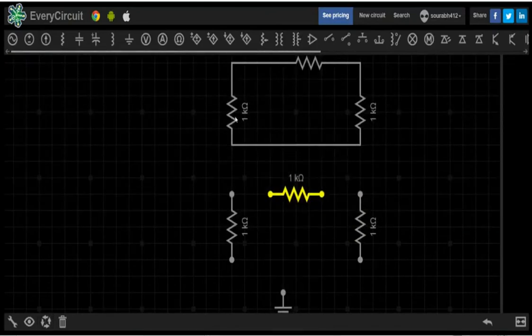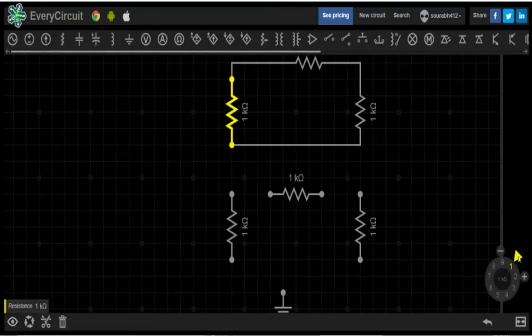Now adjust the values. So this is 2 ohm. Now it is in yellow color. Click on adjust, make it 2 ohm. This is 3 ohm, so adjust. This is 4 ohm, so rotate it in the anti-clockwise direction.